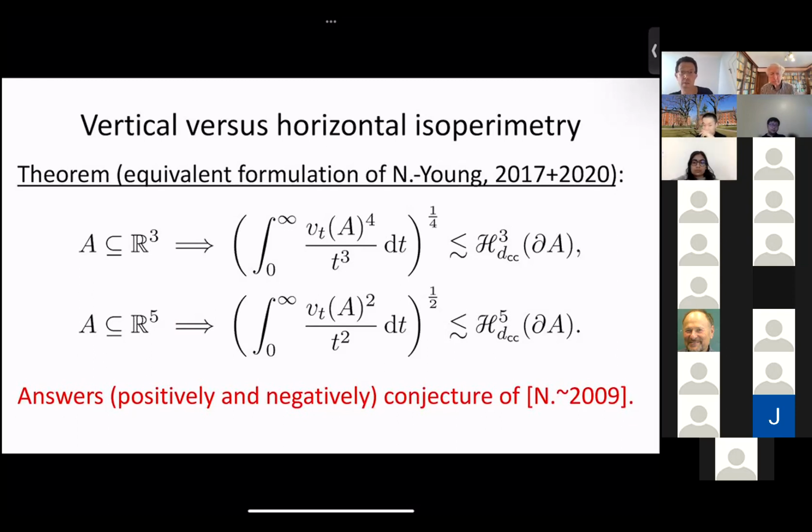The right-hand side, which was the perimeter and the horizontal boundary, just becomes the Hausdorff measure in codimension 1. So remember, in R3, the Hausdorff measure was of dimension 4 for all of R3. So I take codimension 1, which is a 3-dimensional Hausdorff measure of the boundary of the set.